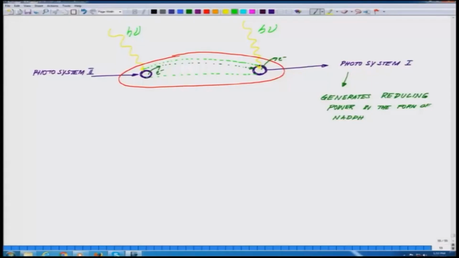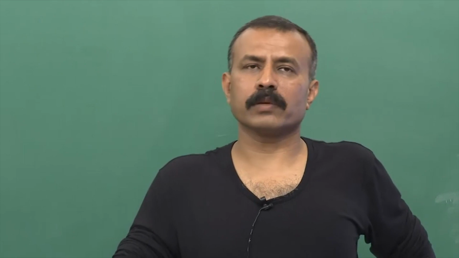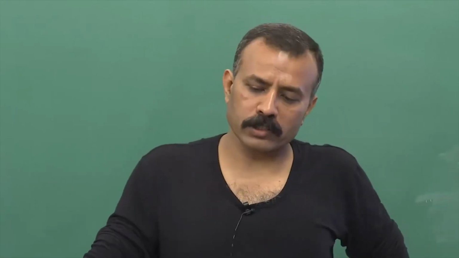The electron which is ejected from the photosystem 1 helps in forming the reducing power of NADPH, what we have talked about. If you see the slide, generates the reducing power in the form of NADPH. So, at this stage, one chlorophyll molecule or a population of chlorophyll molecules present at photosystem 1 needs to be reduced or brought back to their ground state because they are all oxidized.